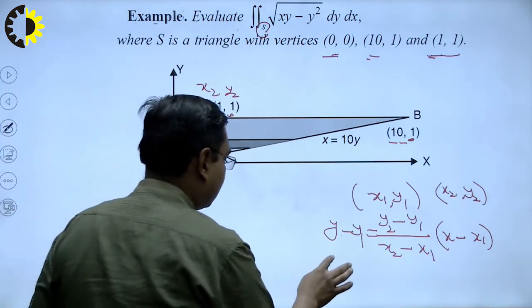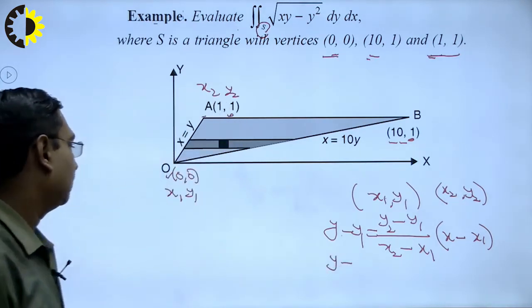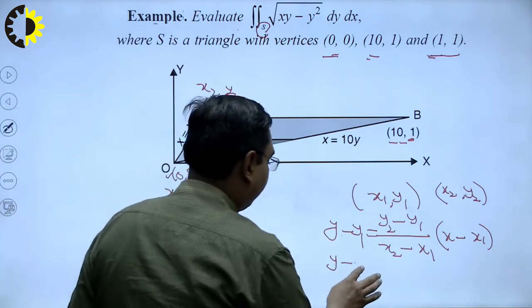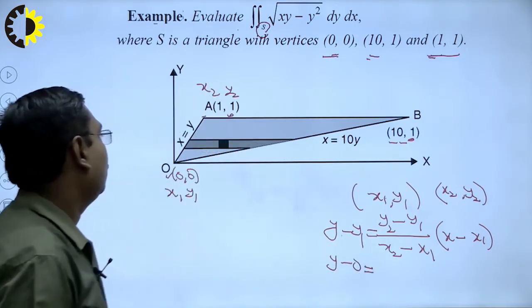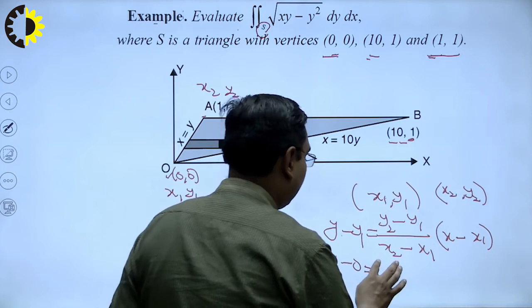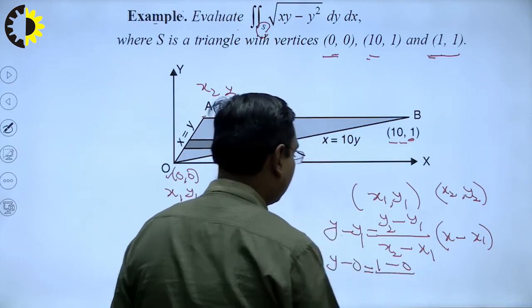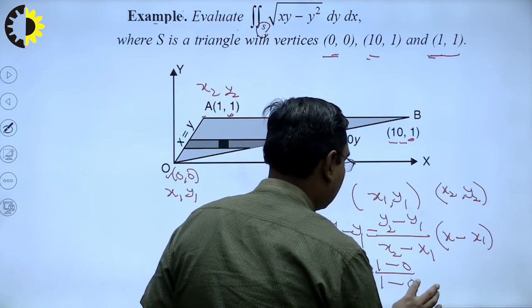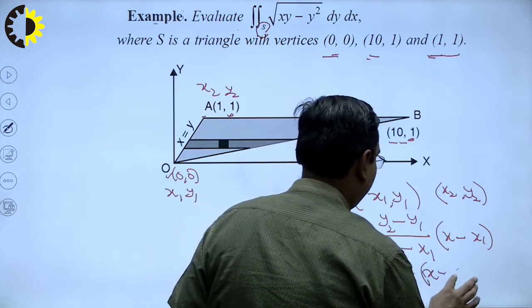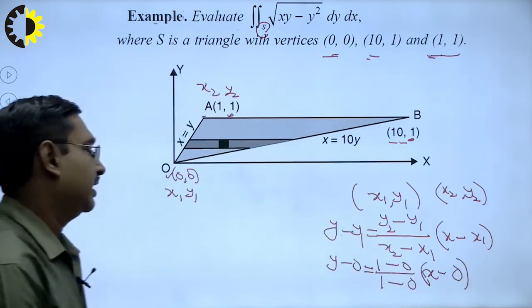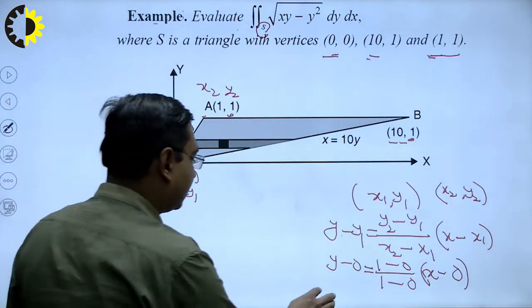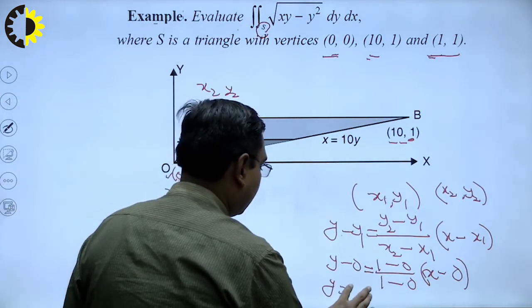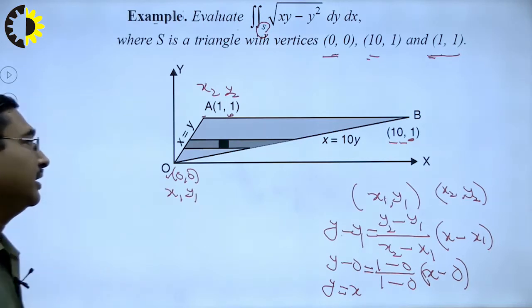Applying the values in this formula, y minus y1 will be y minus 0, y2 minus y1 will be 1 minus 0, x2 minus x1 will again be 1 minus 0, and this will be x minus 0, and simplification gives y equal to x in the next step.